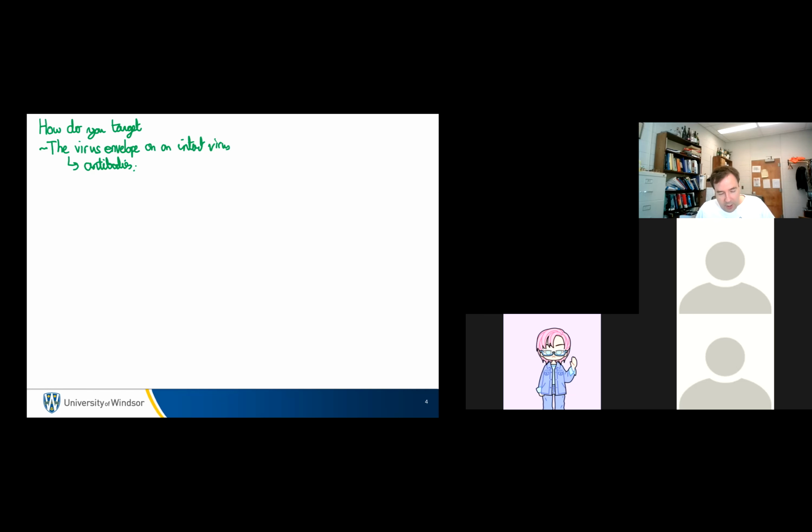What other things can we target to try and kill a virus? You need to think about the virus life cycle. I know this is something all of you are at least somewhat familiar with.